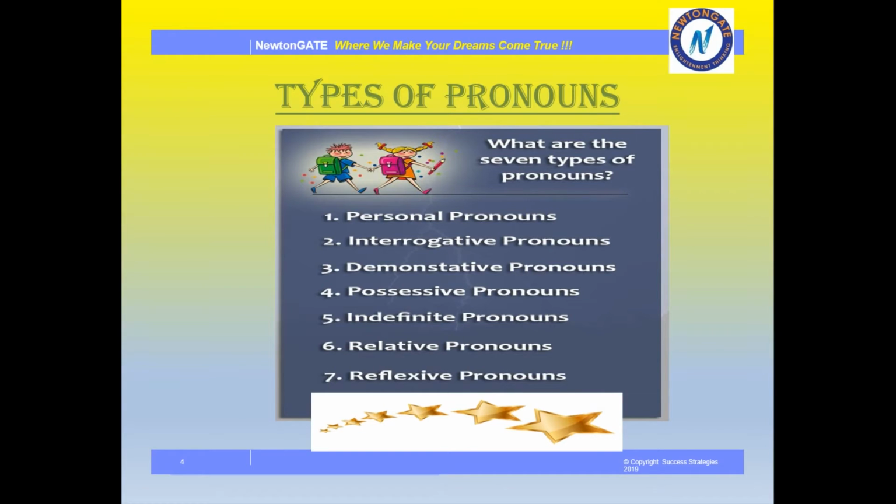Now, the third part is types of pronouns. I am going to tell about 7 pronouns today, okay? So they are personal pronouns, interrogative pronouns, demonstrative pronouns, possessive pronouns, indefinite pronouns, relative and reflexive pronouns. We will start the class with these 7 pronouns today.